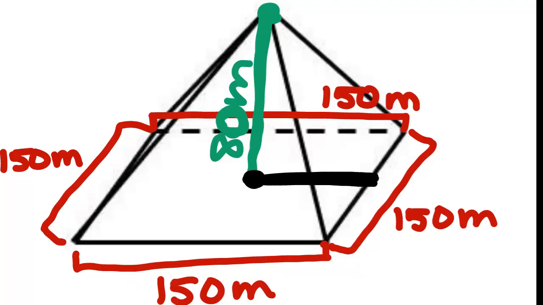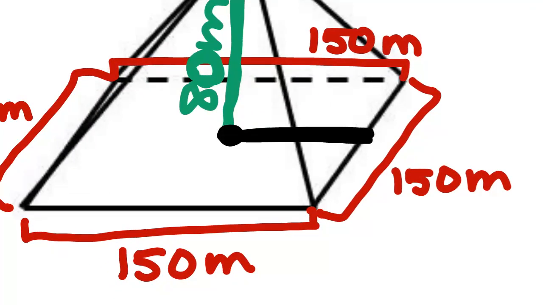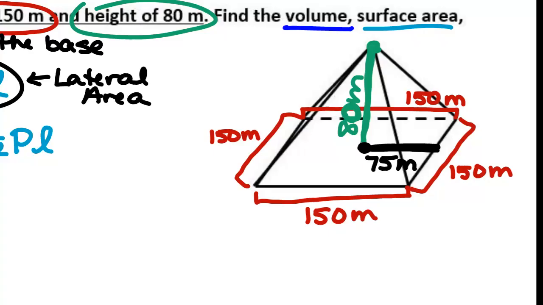Because my base is a square, how big will that segment be right there? $75. How did you get that? You're absolutely right. Yes, it's going from the halfway point, from the very middle of the base, over to the edge of the base. So it's going to be half of our base edge. So half of 150 gives us 75.